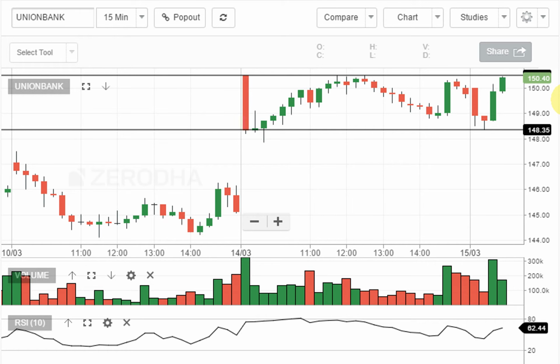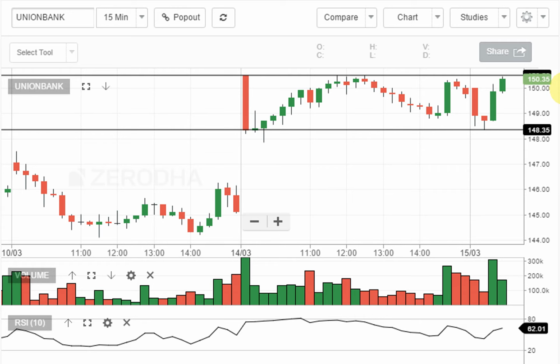Yes, 150 has been achieved, 155, 150.6, 65, 70, breaking very clearly there, as you can see. This is how you actually select the stocks for your intraday trades. Good breaking of the resistance.